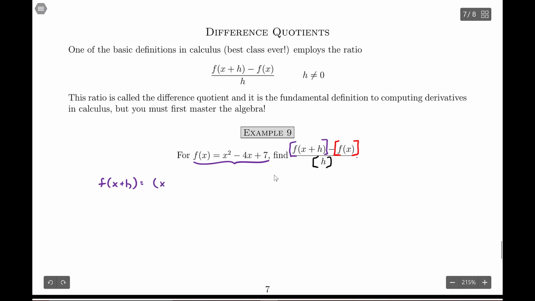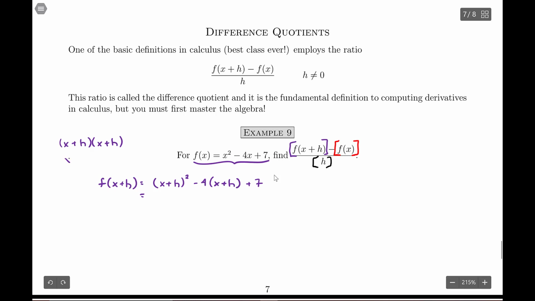So this is going to give me (x plus h) quantity squared minus 4 times (x plus h) plus 7. The expansion of this (x plus h) quantity squared, remember, is the same as (x plus h) times (x plus h), and then you can use the FOIL method if that's what you want to use, or the binomial distribution, or whatever you want to call it.